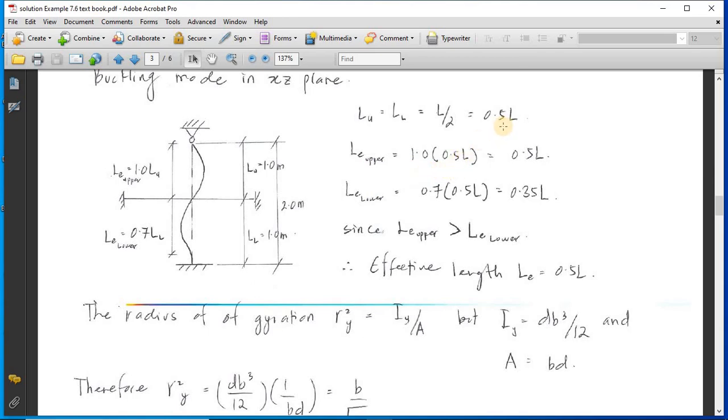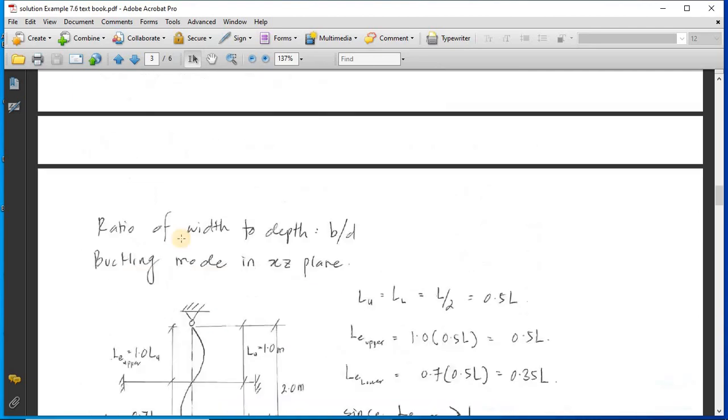We have defined that LU is equal to 0.5 L, so LE upper is equal to 0.5 L. On the other hand, LE lower is equal to 0.7 LL, and again LL is equal to 0.5 L. By substituting this value into this equation for LE lower, you will get that LE lower is equal to 0.35 L. Since LE upper is larger than LE lower, LE upper will be chosen for our effective length for the XZ plane. So LE for this plane is equal to 0.5 L.